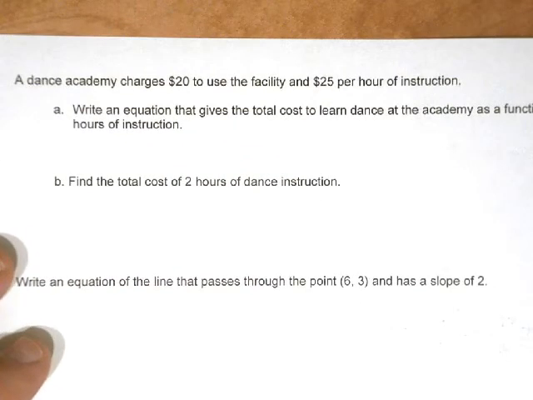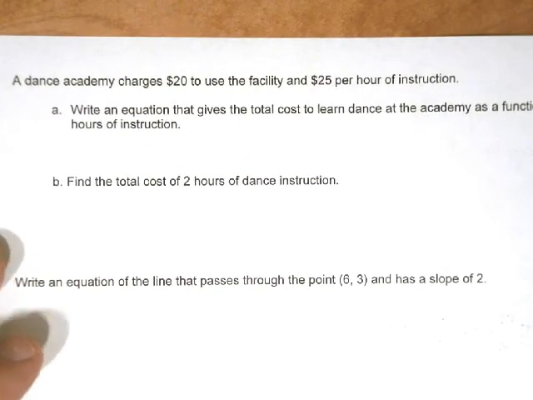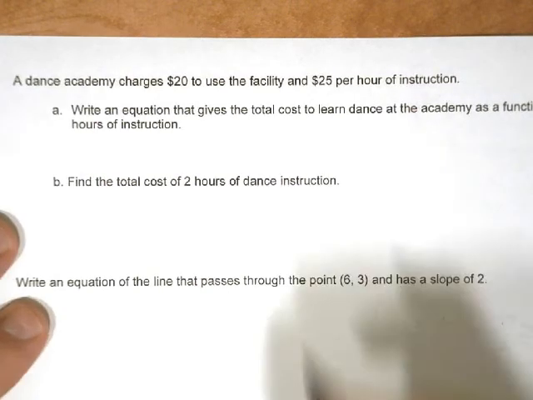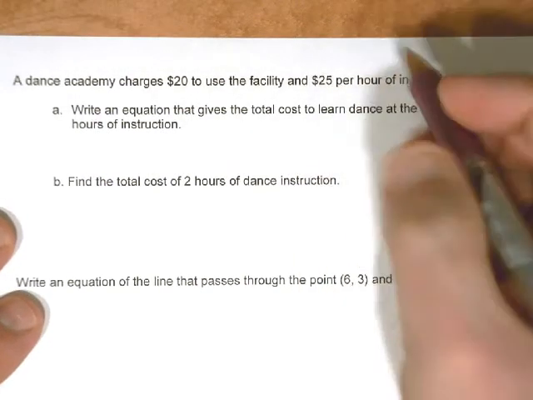All right, we got some story problems here on the back. A dance academy charges $20 to use its facility and $25 per hour for instruction. It says write an equation that gives the total cost to learn dance at the academy as a function of hours.